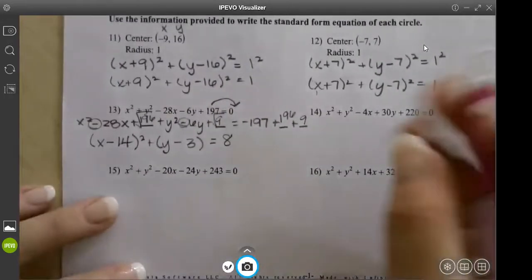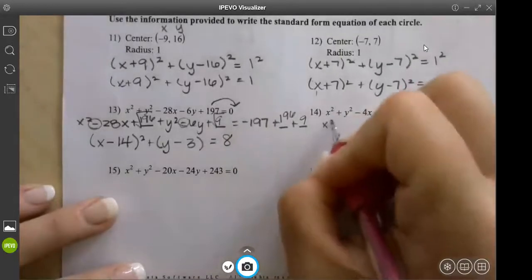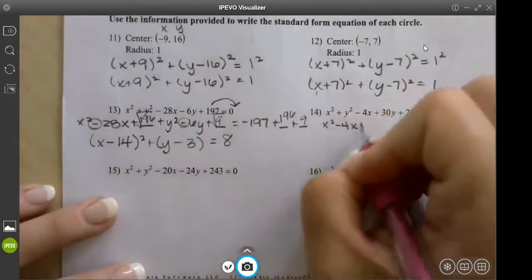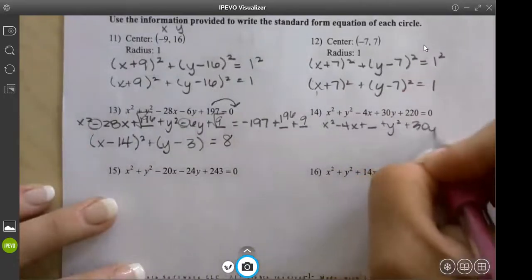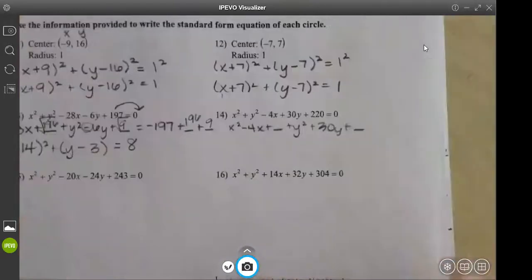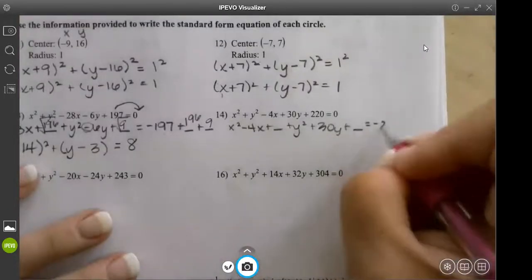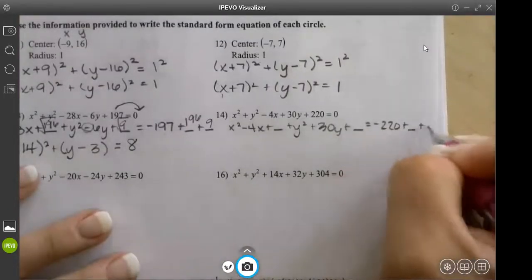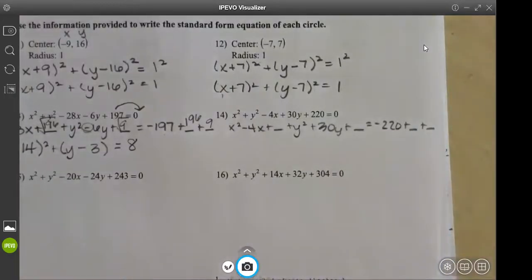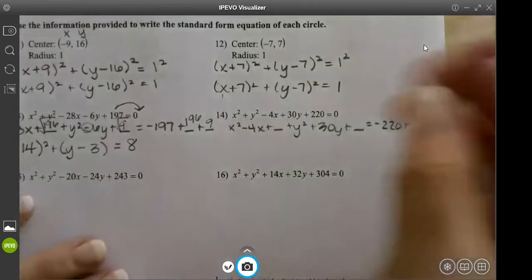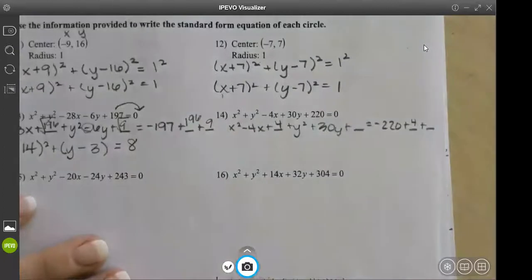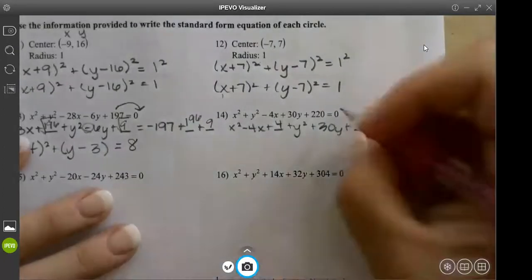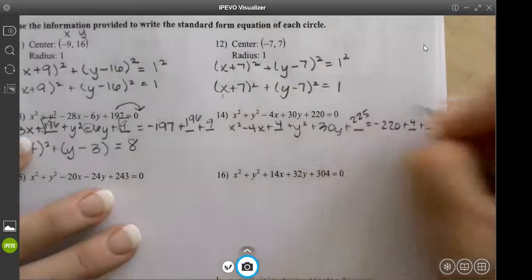On 14, put your x's together. X squared minus 4x plus blank. Y squared plus 30y plus blank. Move your 220 over, so a -220 and 2 blanks. 4 divided by 2 is 2, squared is 4. 30 divided by 2 is 15, squared is 225.